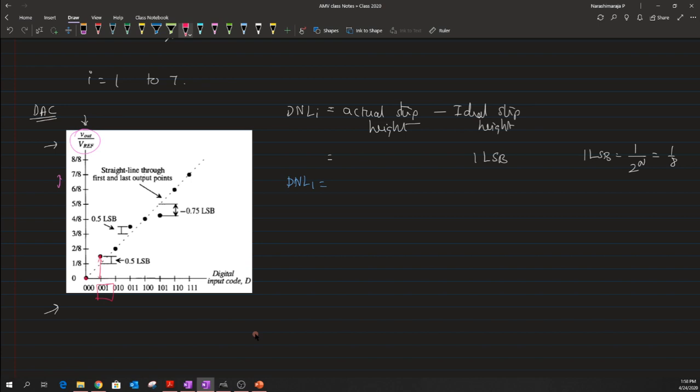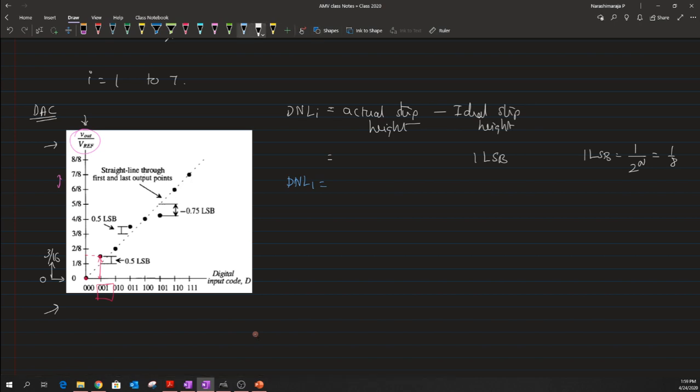As you can see, when we feed in an input of 001, it lands in a space between this 1 by 8 and 2 by 8. Okay. So, which is half the way between these two values, which is equal to 3 by 16. Okay. And the lower value that I have is 0. So, the difference between these two values will give us the actual step height.